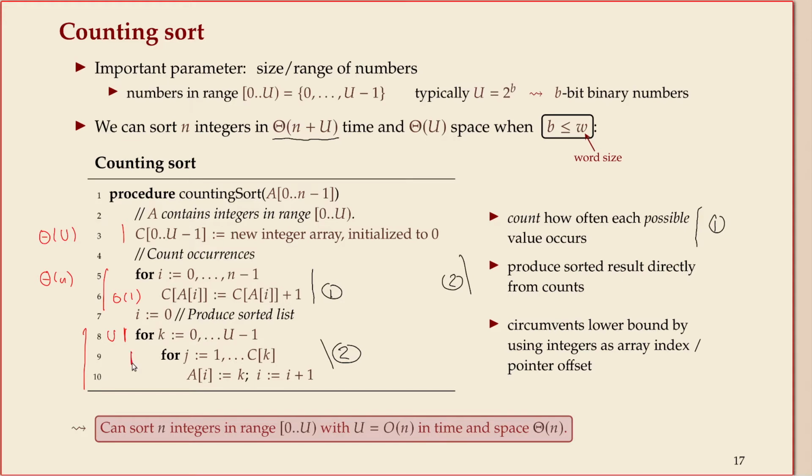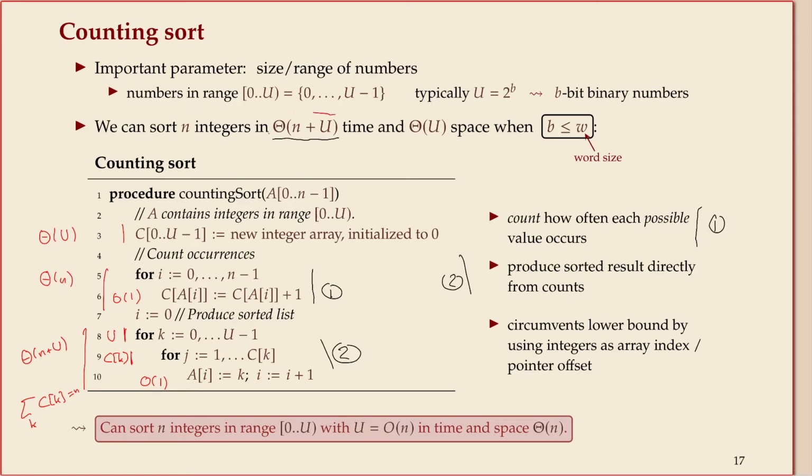This has number of copies, but if we sum this all up over all values for k, so this is c_k, but those two together, the summation of all the c_k must be n again, because we started with n numbers and these are counters. And then again, producing the output here is just constant time. So in total, this loop just takes theta of n plus u time.